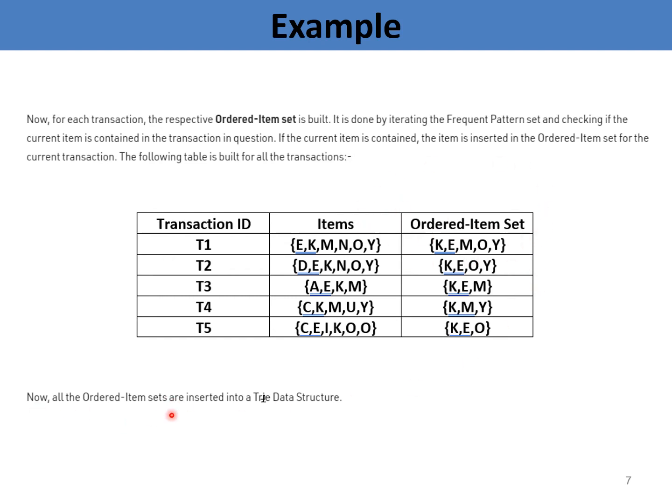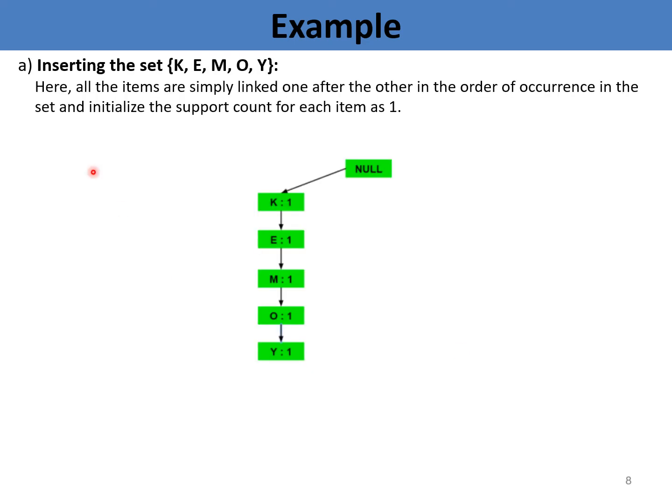Now all the ordered item sets are to be inserted into the tree data structure. Our first item set is K, E, M, O, Y. The root node will be null, as I told earlier.